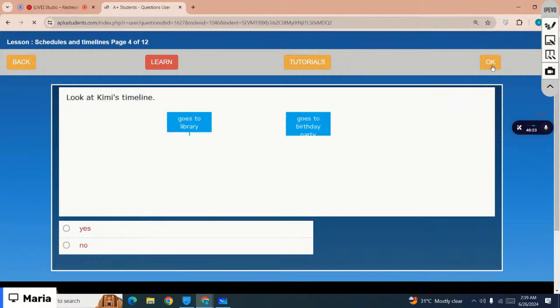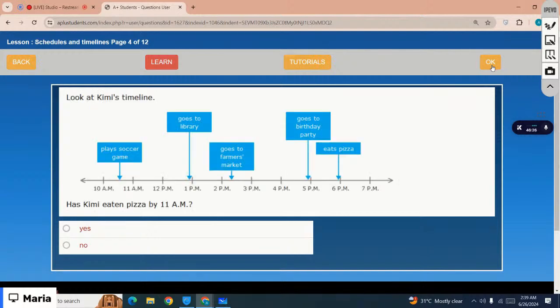Okay. Look at Kimi's timeline. Has Kimi eaten pizza by 11 a.m.? Which is the correct option?